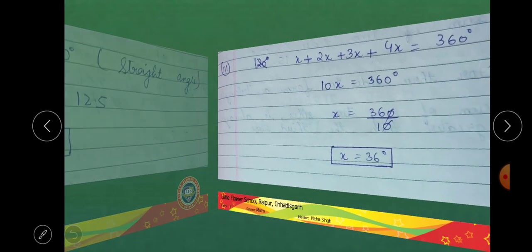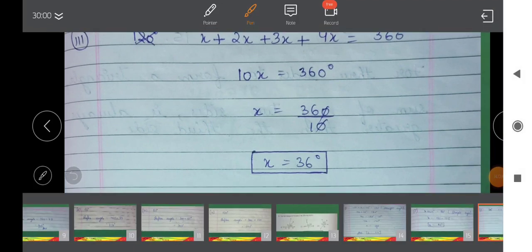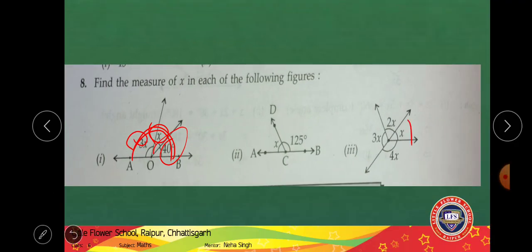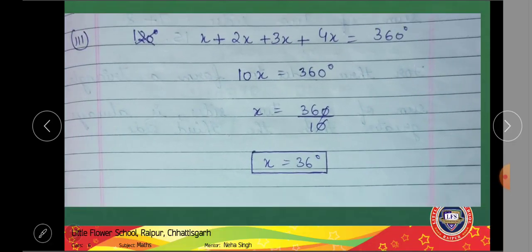Now again, next questions. Similarly, you will add all the angles. Now why have we taken 360 degree here? Because we can see this is one complete angle, right? Here it was only a straight angle, and here it is a complete angle. Therefore we have taken 360 degree for this.